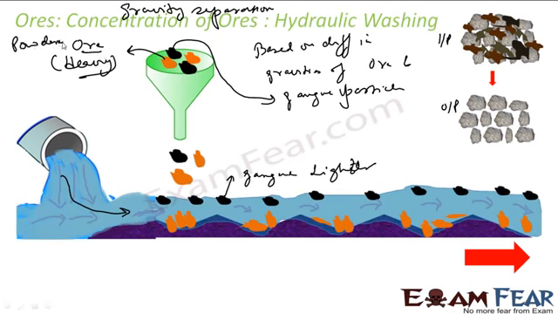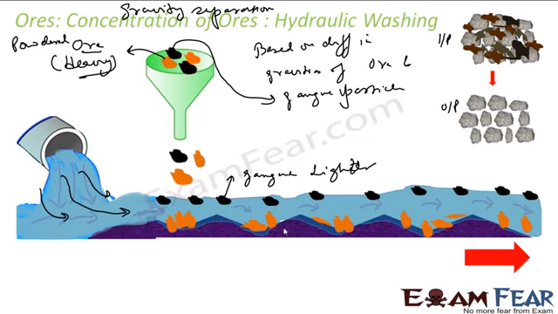We powder it so that you can easily separate more and more gangue particles, right? So if you see, the lighter gangue particles will float. If you put more and more water from here, the water will flow from left to right, correct? But these gangue particles are lighter, so they will flow off with the water. But the orange particles, the powdered ore, are heavy. They will settle down.